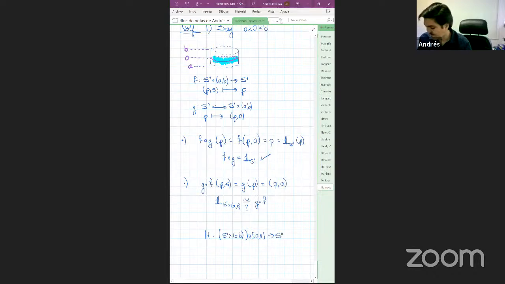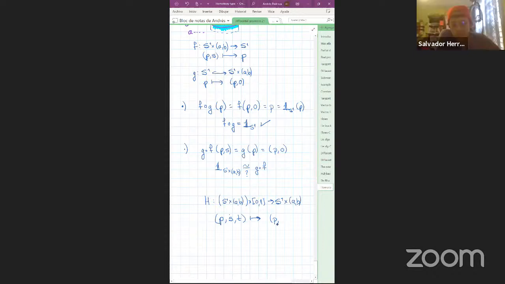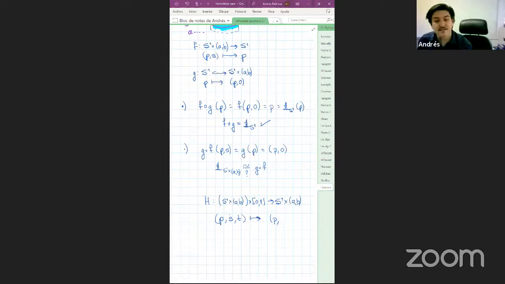So tell me, what is this map? S times T.